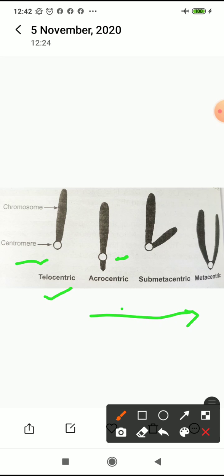These are rod-shaped chromosomes with the centromere occupying a terminal position. This is its terminal position. Here in this chromosome, one arm is very long and the other arm is absent. The second type is acrocentric.